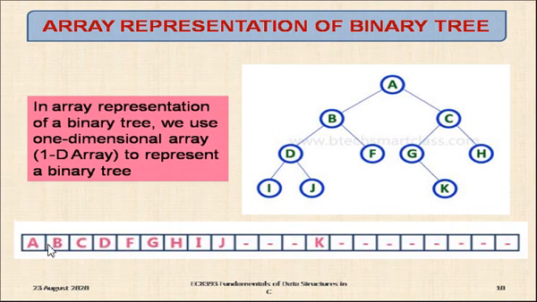You see here, first you write down the element in the root, that is E, that is level 0. Then level 1, B C, level 2, D F, G H, and level 3, I J. In between, if you have any values, you can write, and so on. So in this way, we can represent a binary tree with the help of a one-dimensional array.